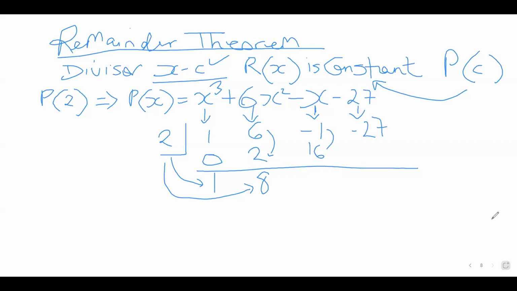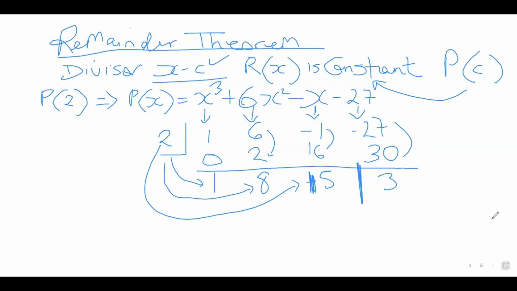And then we add these two, we're going to get positive 15, right? And then we're going to say 2 times 15 is 30. And we know the last one must be a remainder, so we always put that line down. And then we say that will be 3, because we know positive 30 minus 27.